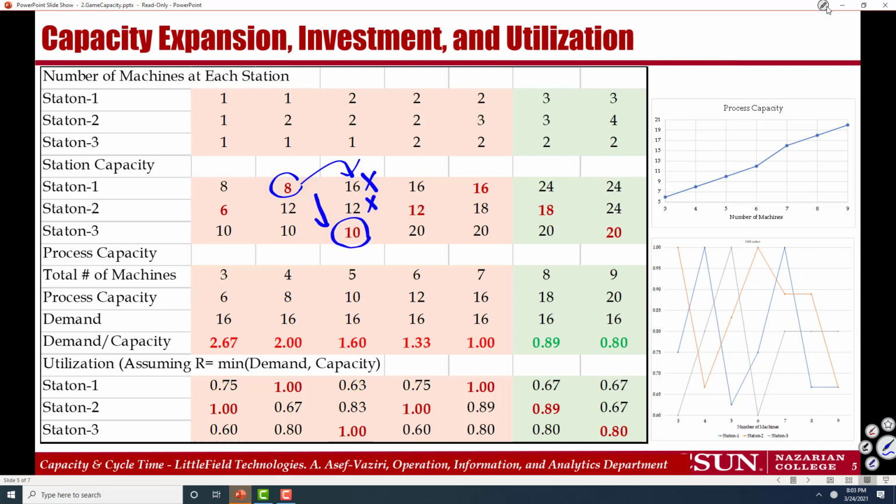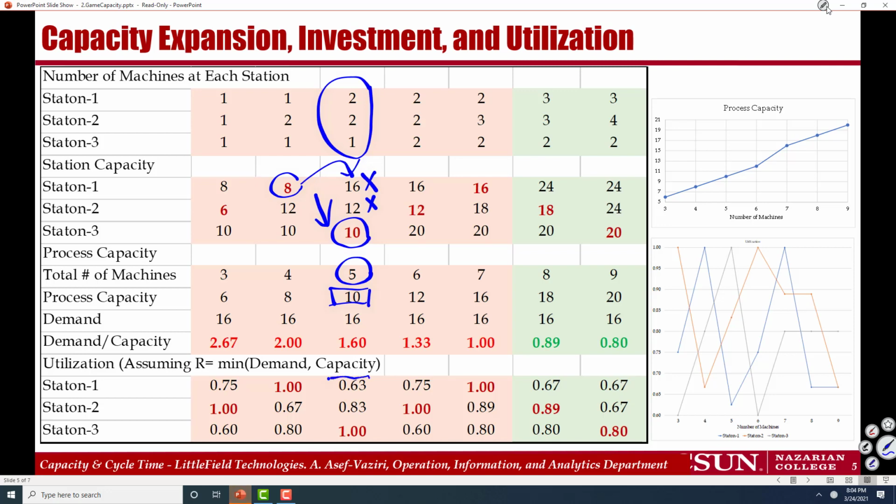The bottleneck shifts to station 3. Now, at this specific moment, we have 2 machines in station 1, 2 in station 2, and 1 in station 3. We have a total of 5 machines. Capacity of the process is 10. Demand is 16. Binding constraint is still internal.